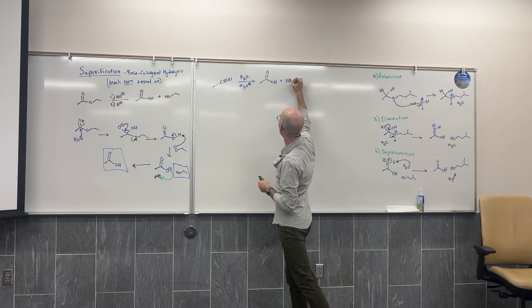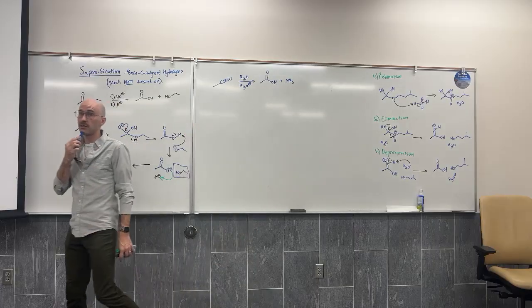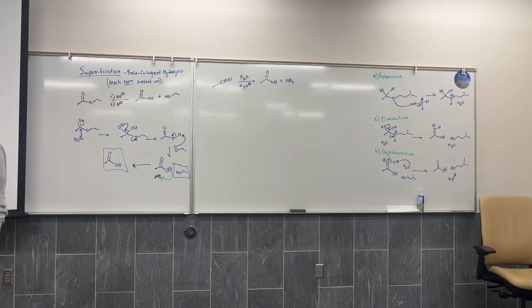This also gives a byproduct of ammonia. This is a challenge because now you have to try and decide, again, when should proton transfers happen and how, but what plays what role at what time?